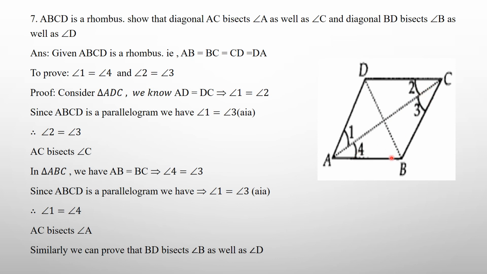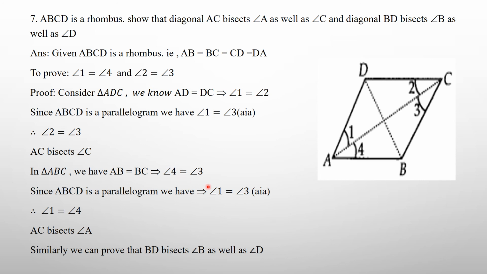Now in the triangle ABC, we can say AB is equal to BC, which shows that the triangle ABC will be an isosceles triangle. If two sides are equal, its opposite angles are also equal. Therefore, we can write angle 4 is equal to angle 3. Again, since ABCD is a parallelogram, we have angle 1 is equal to angle 3 using the condition alternate interior angles are equal.